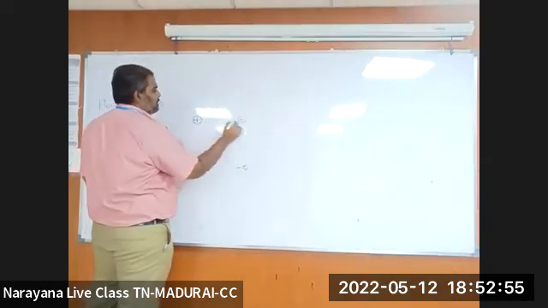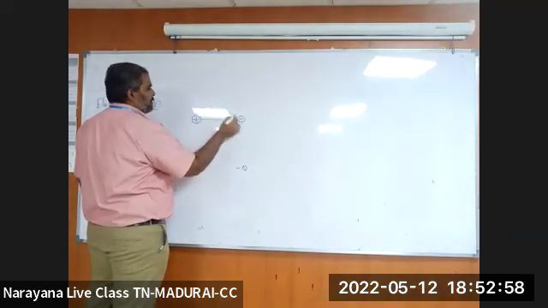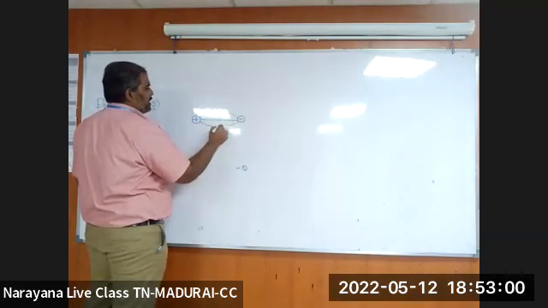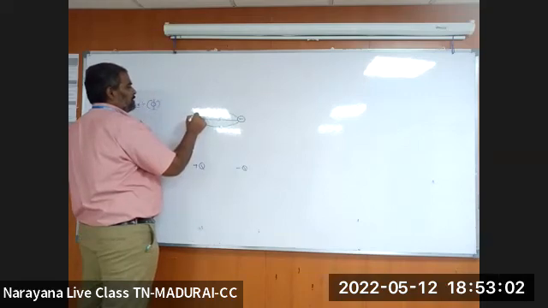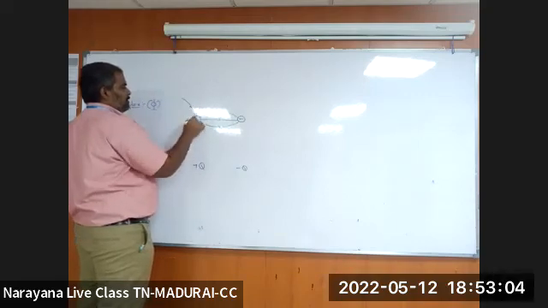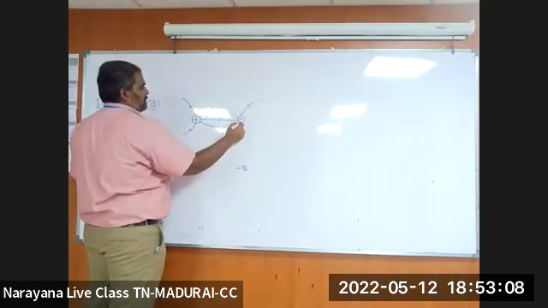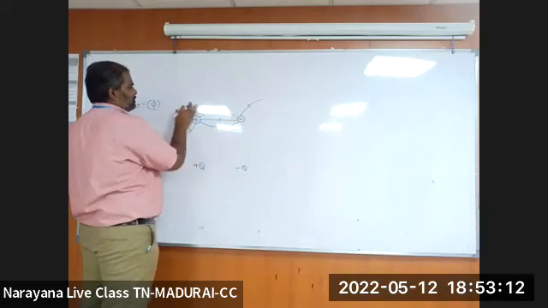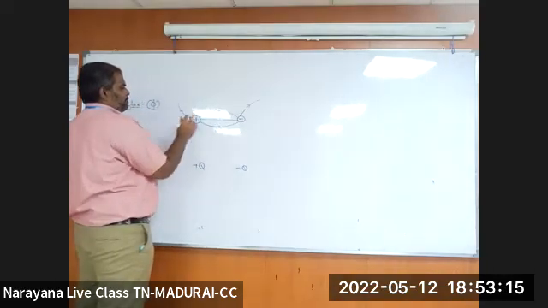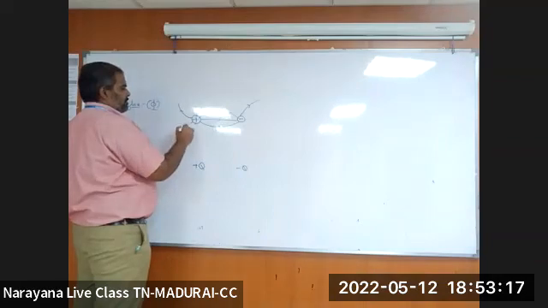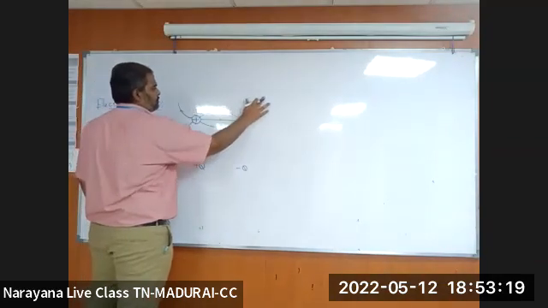Here one line, here second line, and here third line. So what is that line? Electric field line.